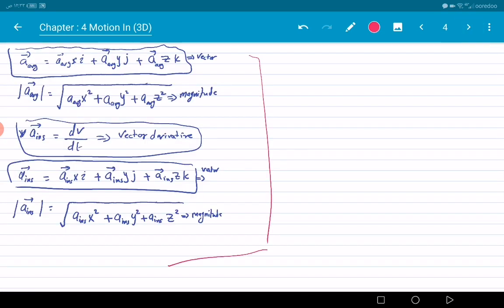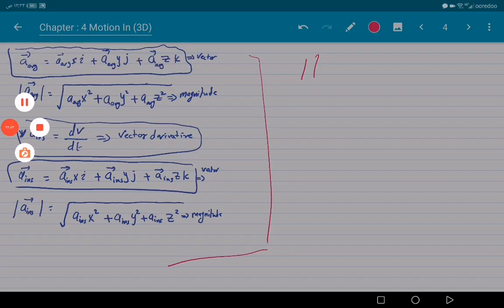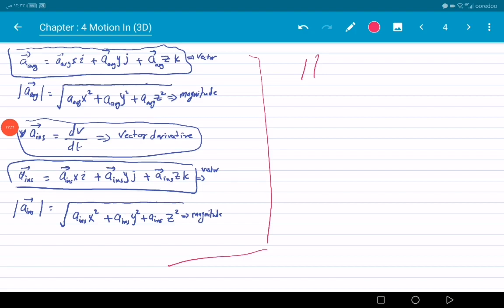As a magnitude and as a vector, just take the absolute value of instantaneous and average in x and y and z. So that is the important thing to describe the motion in space.